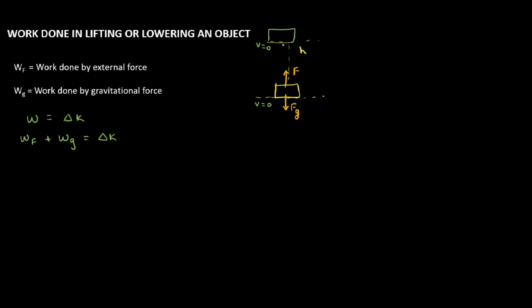So if my initial and final velocities both are zeros, my change in kinetic energy will also be zero. And when you substitute that in the equation here, you get your work done by external force to be negative of the work done due to gravity. So whatever values we determined in the previous part for work done by gravity when the object is falling or going up, work done by the external force in lifting or lowering the object will be opposite to that, negative of that value.